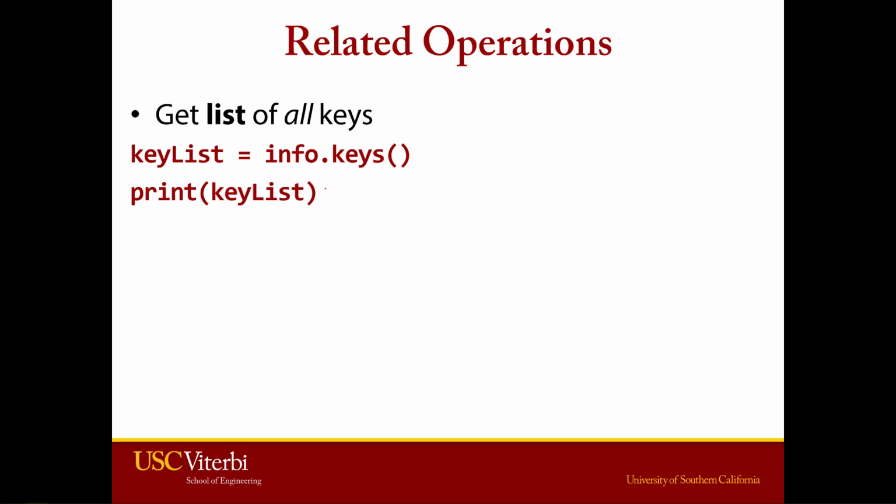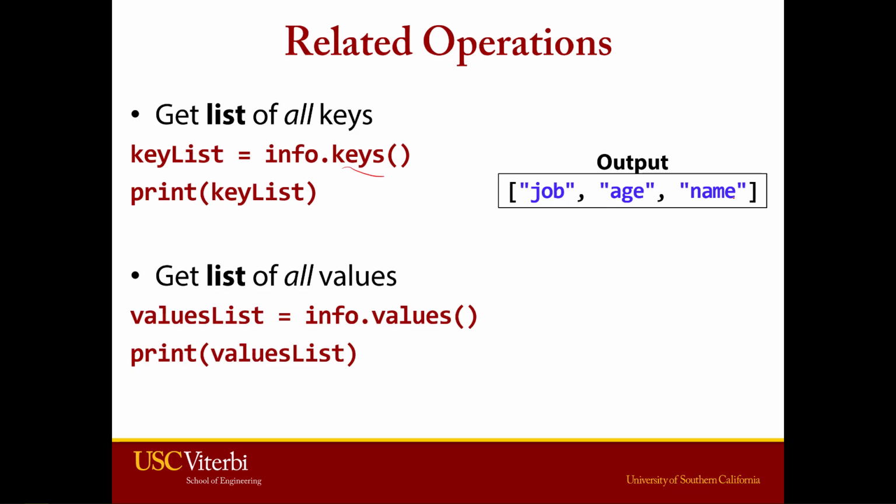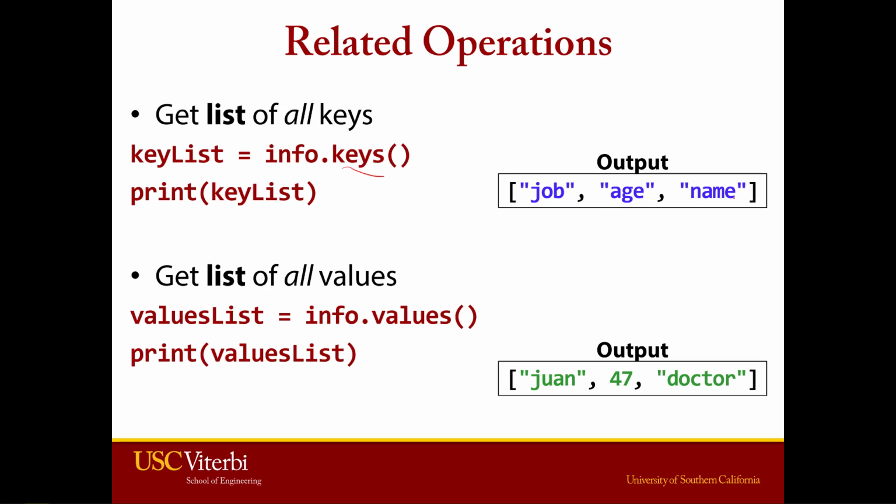A couple other useful things that we sometimes use are if you need a list of all of the keys, you can say info, or the dictionary name, dot keys, and it will extract a list of every key that you had in the dictionary. Also, you can do the same thing with values. It'll give you a list of all the values. Now, really important to note here that dictionaries, again, are not sequential.